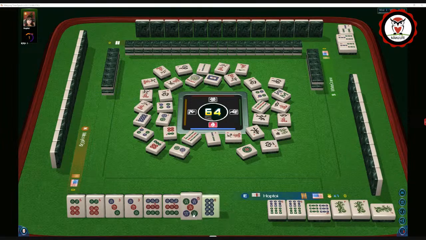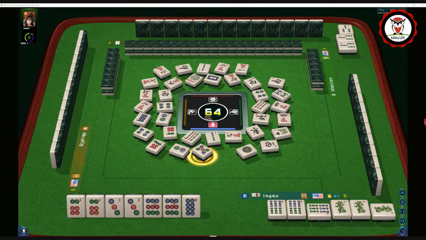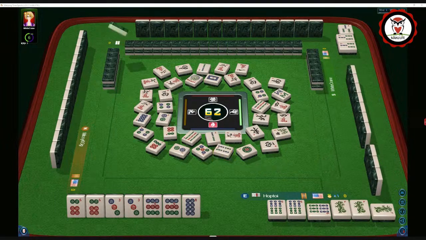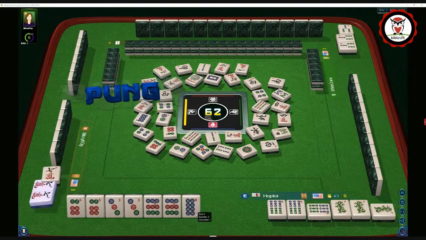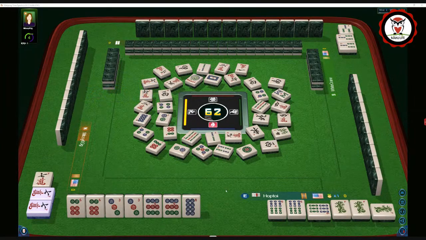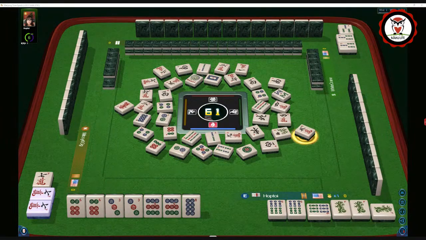Okay, let's do 5 dot. 5 dots. 4 bamboos. 7 characters. Pung. Okay, the 6 dot, we'll see. We may still be able to get help. 5 crack can go. 5 characters.